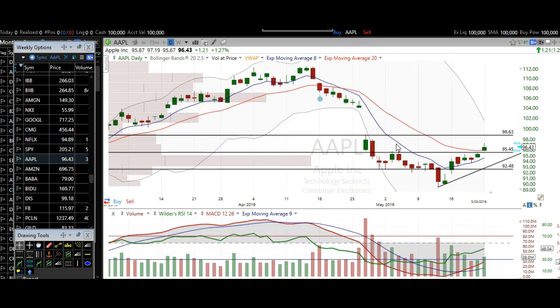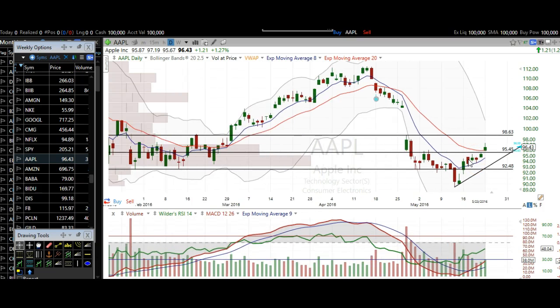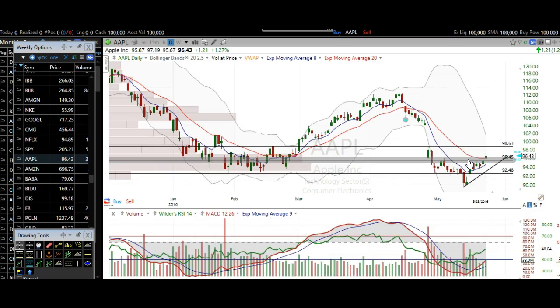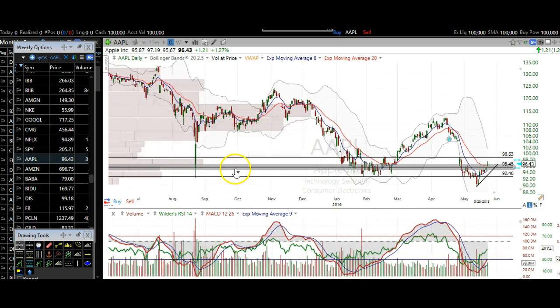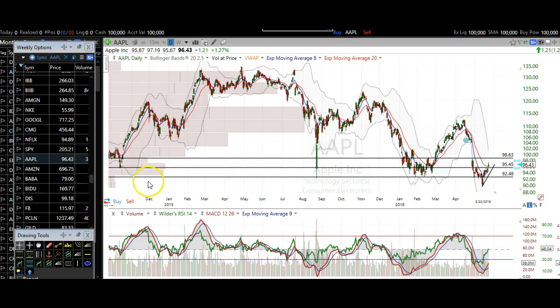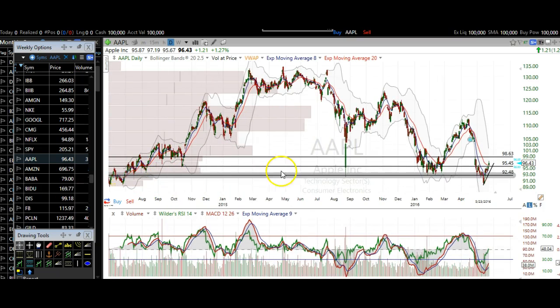We've got Apple breaking over another support. Let's review quickly the breakdown, the false breakdown that we had on Apple. As you can see here, it had support, and as well as back here, support, and back here a couple times as well.